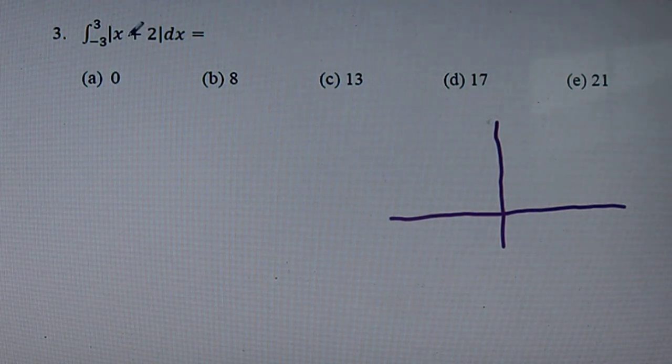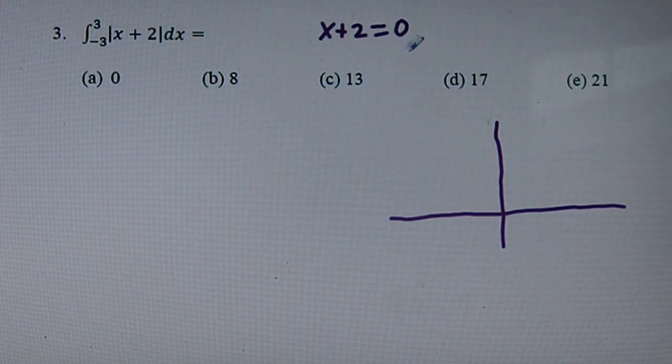The key thing we need to find out here is where this function crosses the x-axis, because that's going to have an impact on how we evaluate. So if we set x plus 2 equal to 0 and solve for x, we get x equals -2.